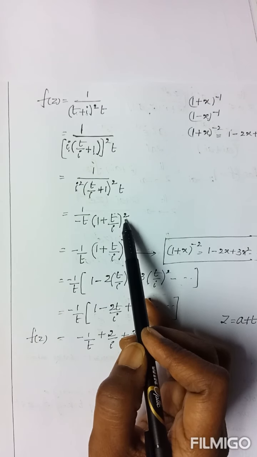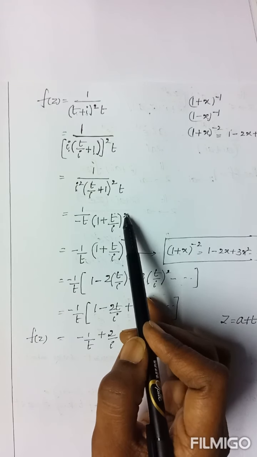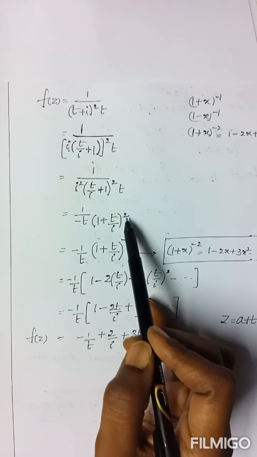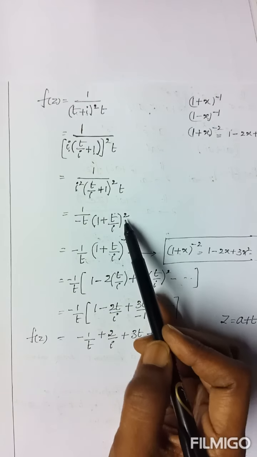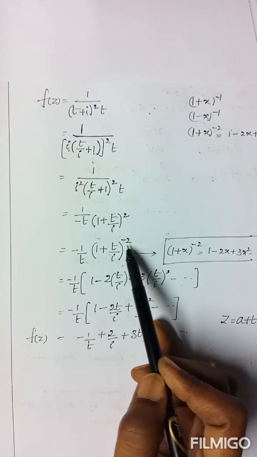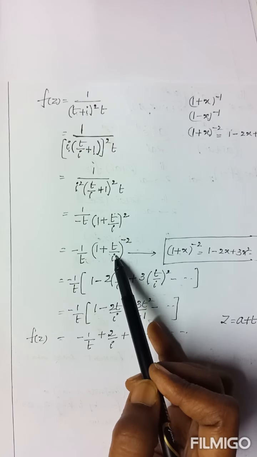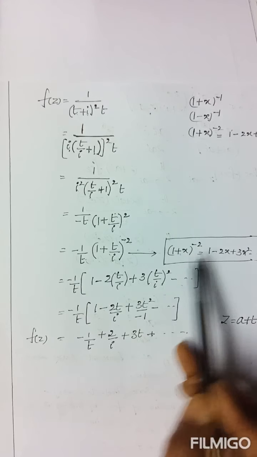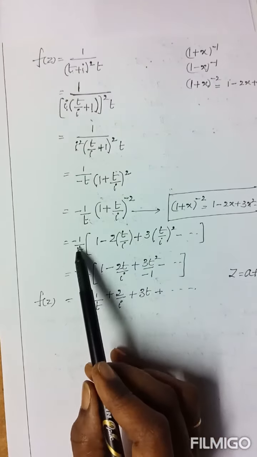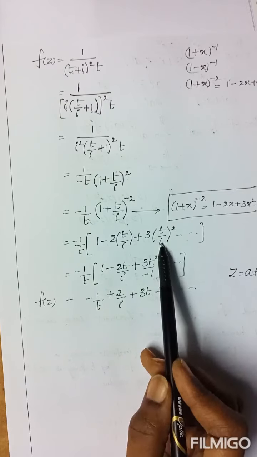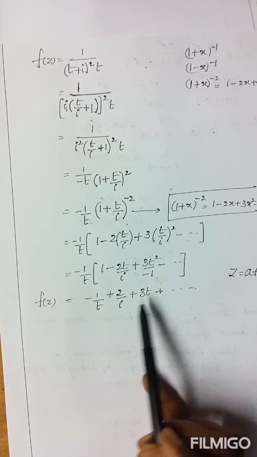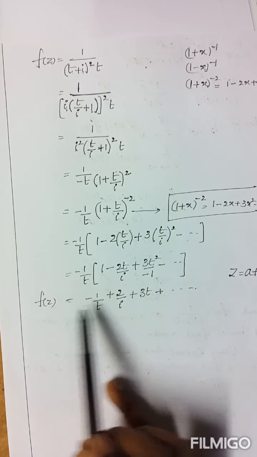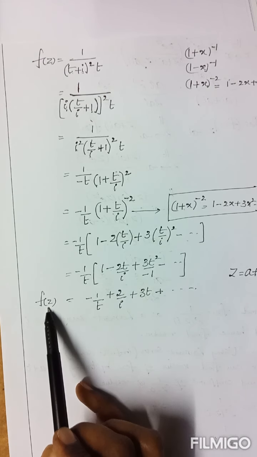But we need a negative power, so to get the negative power, take the complete factor into the numerator. Then the sign of the power will be changed as minus 2. Now this is exactly similar to (1 plus x) whole power minus 2. As per this is the series. Now enter minus 1 by t also into the bracket. Now this is the complete expansion of the given function.